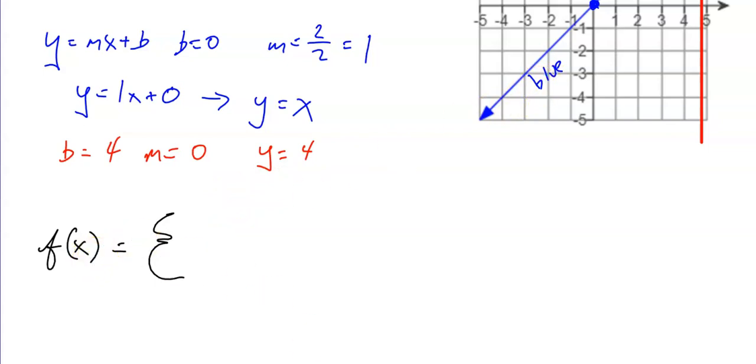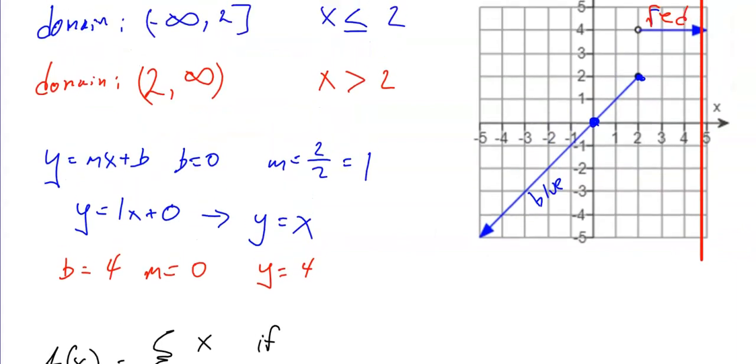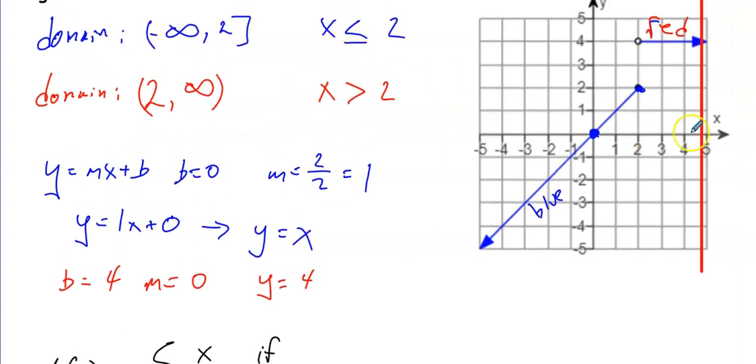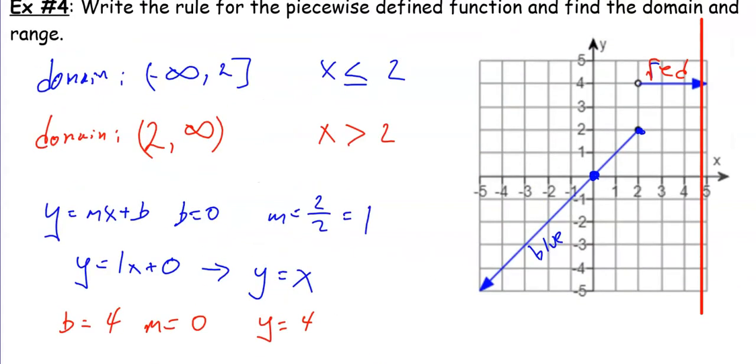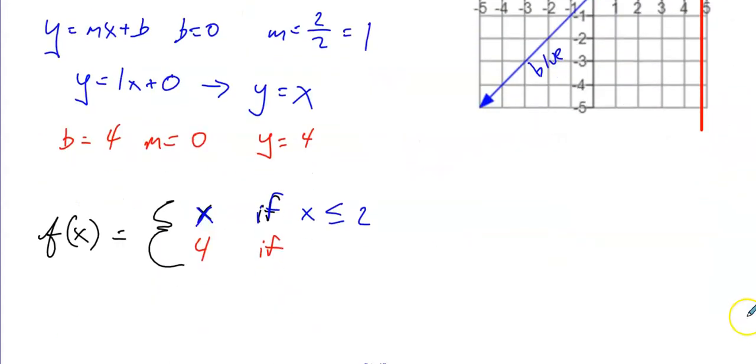So the rule is x if x is less than or equal to 2. And then the one in red, what does y equal for red? 4 if x is greater than 2.